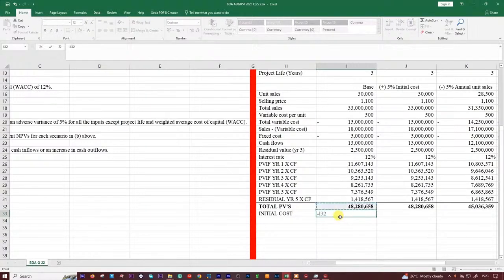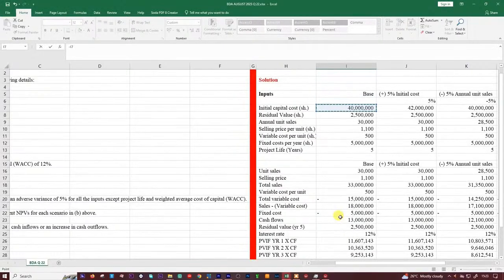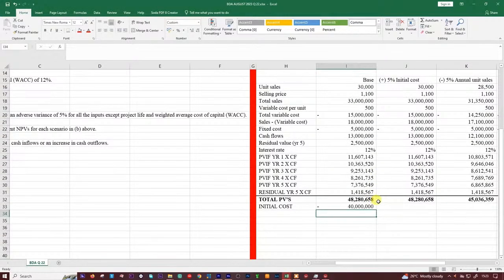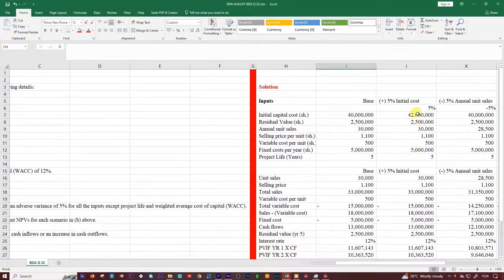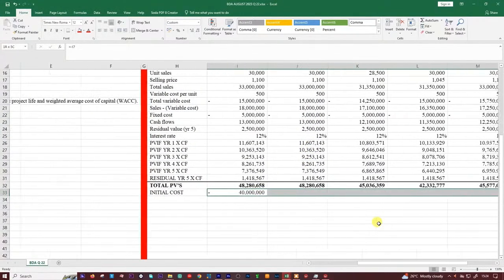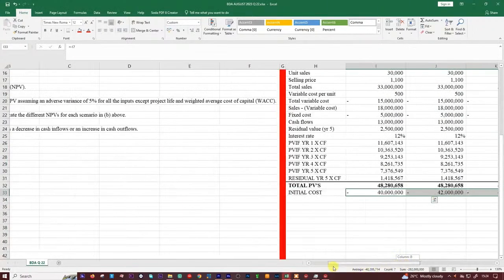So say minus that value. The initial cost is there, so 40 million. Remember, the initial cost over here will change. This value here will change based on whatever you calculated over here. You can see it's 42 million. So we just change it, Control R, and we get the NPV.